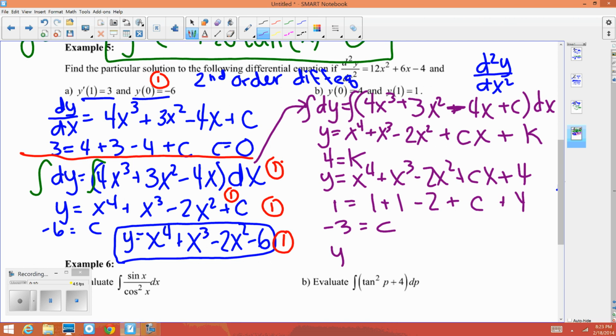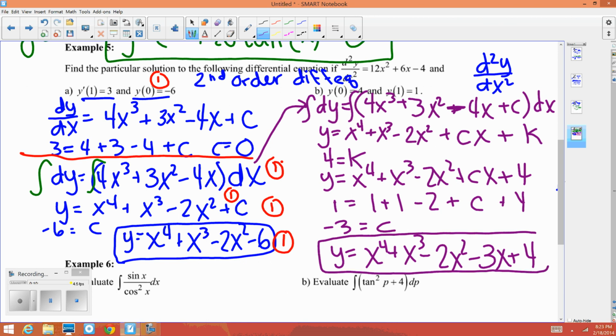So our function, our particular solution to this is y equals x to the 4th plus x cubed minus 2x squared minus 3x plus 4. Okay, and I plugged in that c and the k value. So look, we started with the same second order differential equation, but we ended up with 2 completely different answers. Okay, and that's okay. That's why we need to put that plus c and find these specific values.